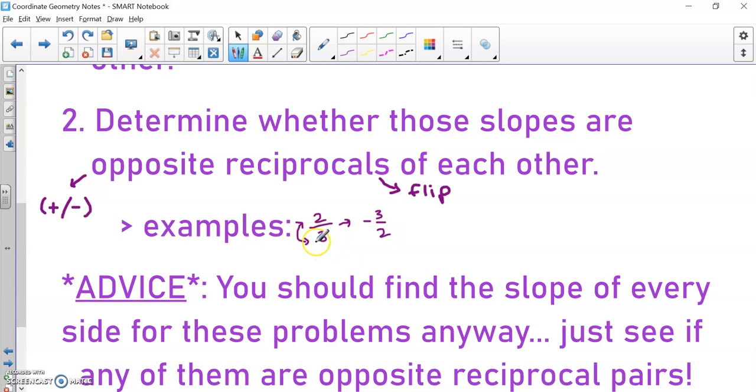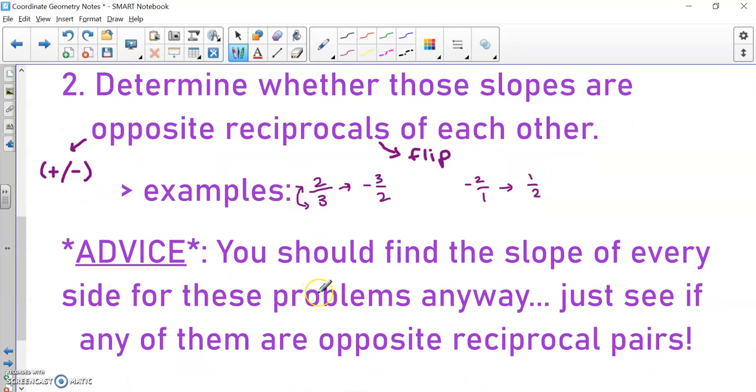So if I had a line that has a slope of 2/3, the one perpendicular to it would have to have a slope of -3/2. Another example would be if I had -2/1, this would turn into +1/2. Okay, so hopefully that helps you remember what an opposite reciprocal is and what to look for with these slopes.